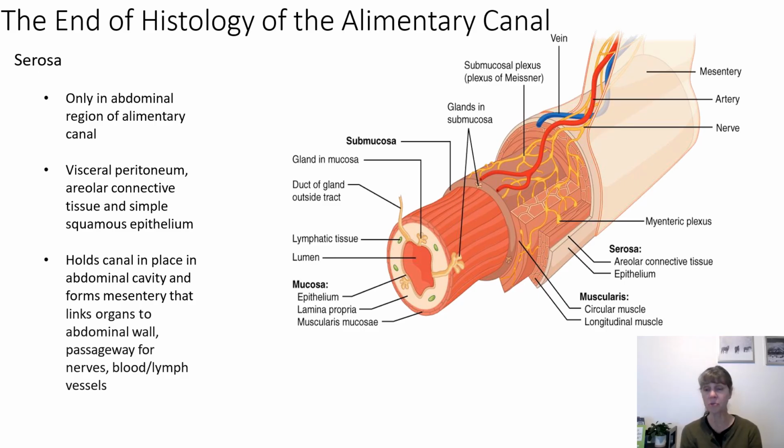It also forms the mesentery, and that mesentery, that connective tissue, links the organs to the abdominal wall and also provides a passageway for blood vessels, nerves, and lymphatic vessels.